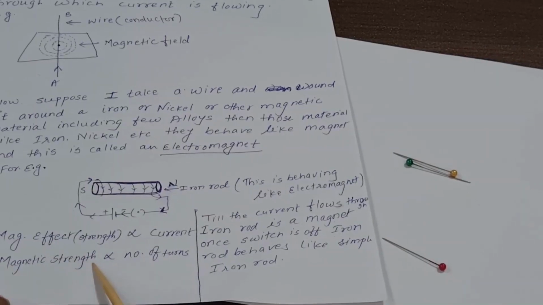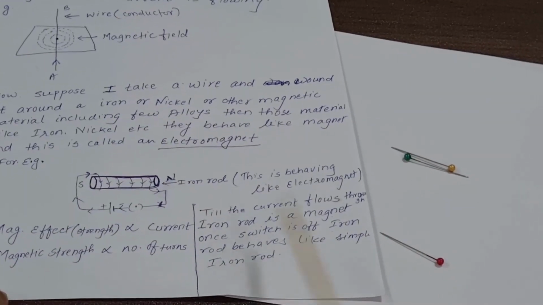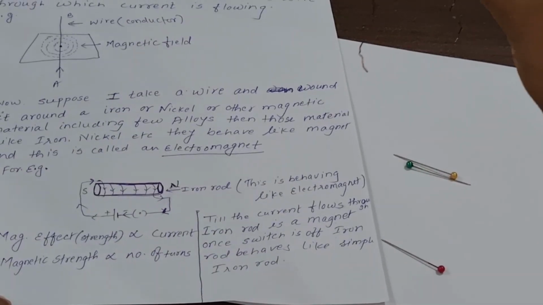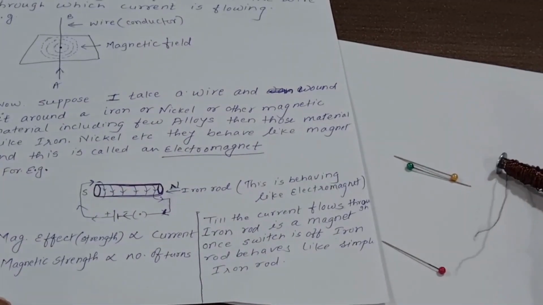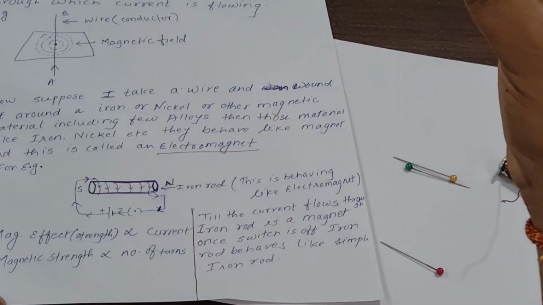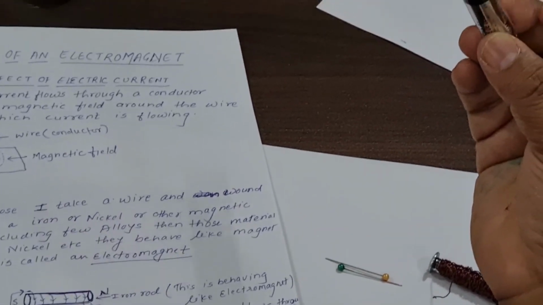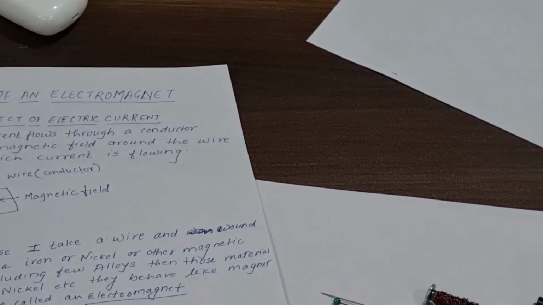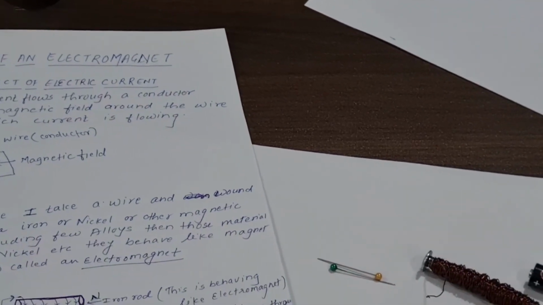And magnetic strength is also directly proportional to the number of turns. So here I have got a higher number of turns, so the magnetic field produced was more. But suppose I have one cell, and I connect one more cell to it. Obviously the amount of current flowing will be more, and when the amount of current flowing is more, the magnetic field produced is going to be more.